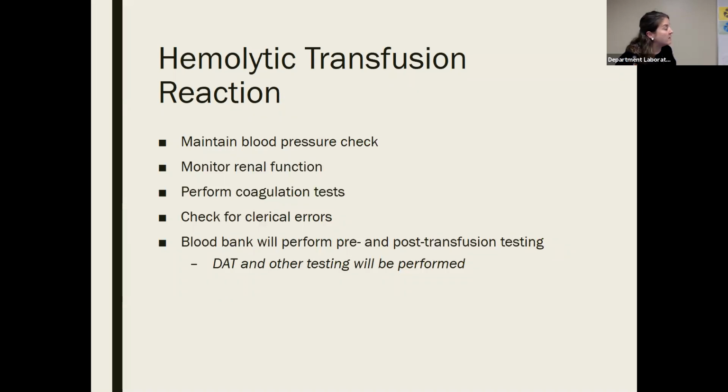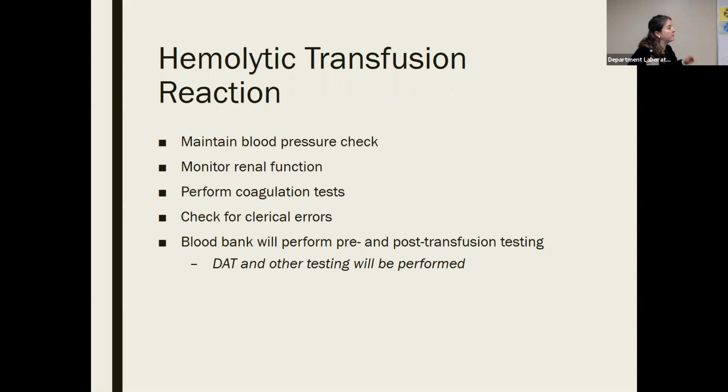So if your patient has a hemolytic transfusion reaction, establishing blood pressure is a huge concern, all right, because their blood pressure has dropped, hypotension. Renal function, all right, they could go into renal failure. Coagulation, all right, they're going to go into DIC, so we want to monitor that, check for that.